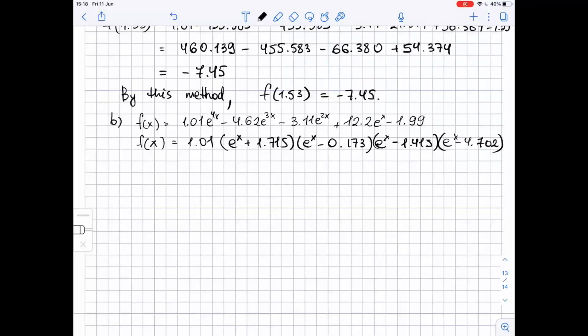Now we just need to substitute 1.53 for x and use that e to the power of 1.53 equals 4.62.